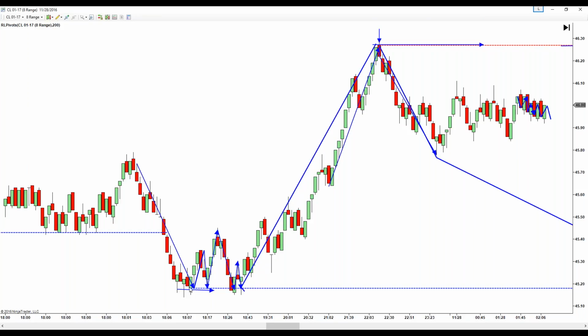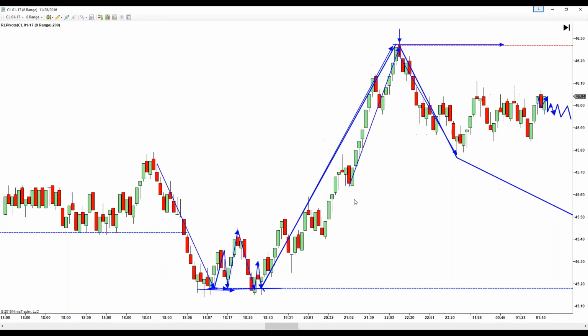Now the pivot is created here and is present when this candle comes down, this trend comes down, and this small retracement comes down to hit. The pivot rejects all attempts to break it and rejects price, and the buyers there swarm and push the market right back up.